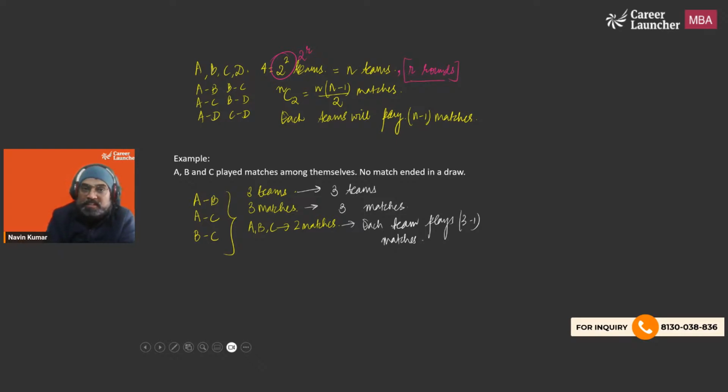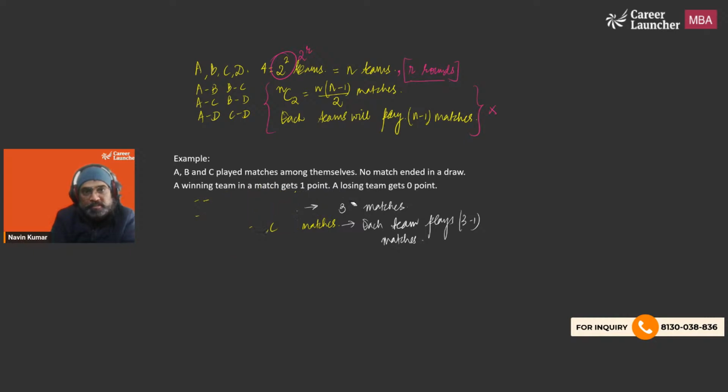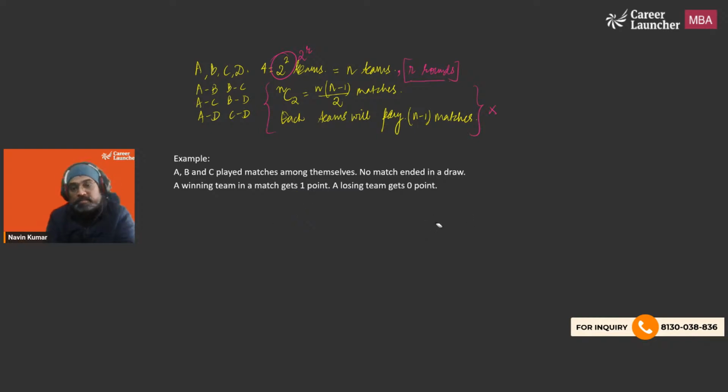If it is given that each team plays against every other team twice, then we will double the number of matches and how many matches each team is going to play. Let's take an example by giving a few more conditions and see how we represent such round robin cases.